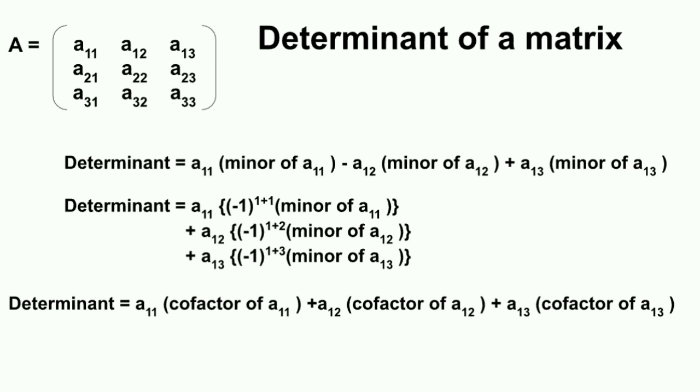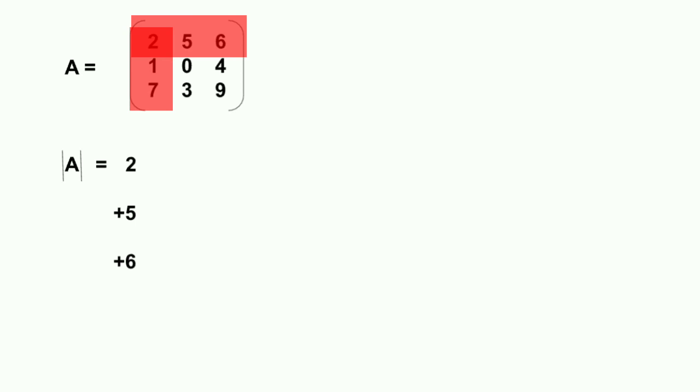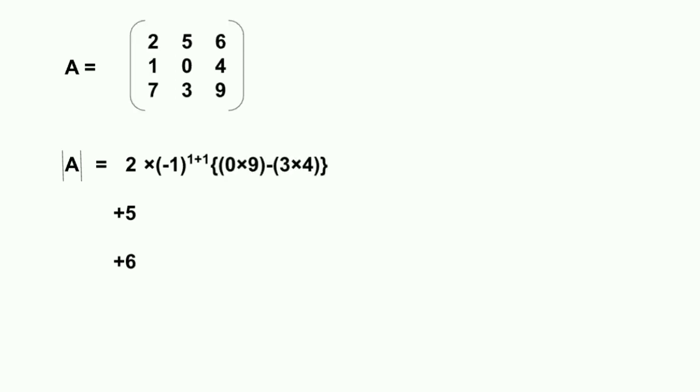Thus, for this matrix A, if we choose the first row, the determinant of A can be written as 2 plus 5 plus 6. The position of 2 is 1, 1. By neglecting these elements, we can write 2 into -1 to the power 1 plus 1 into the determinant of 0, 4, 3, 9. The position of 5 is 1, 2.